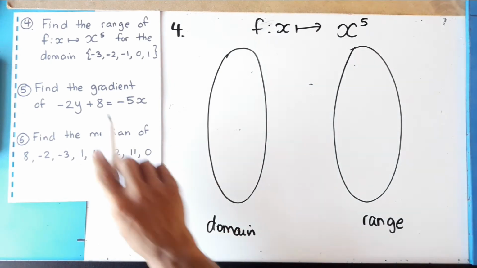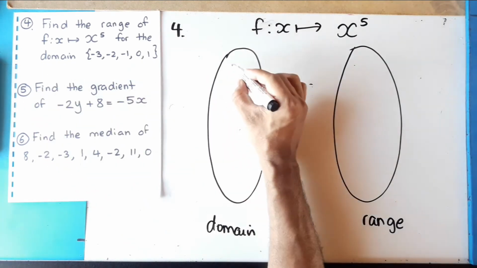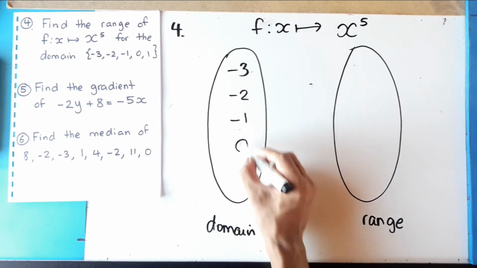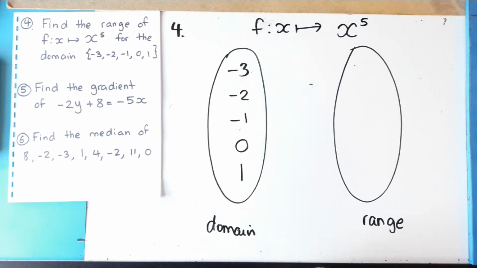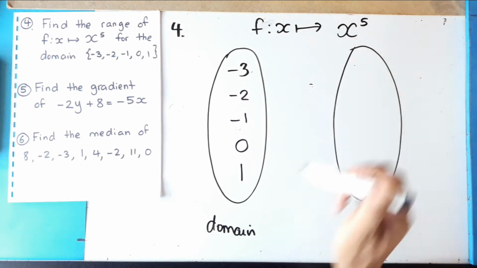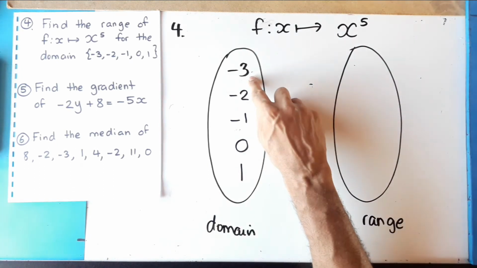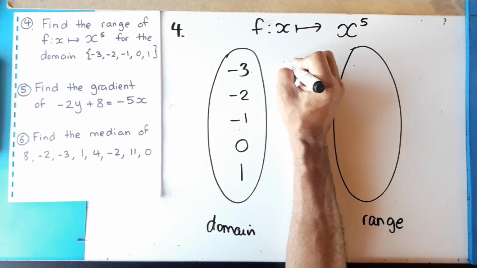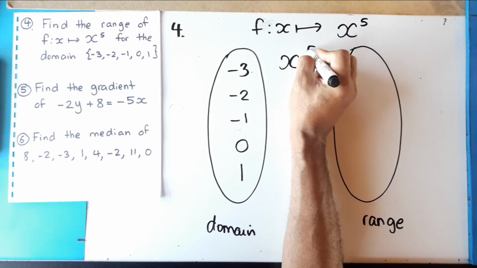So what are the numbers that we are putting in? That's the domain: -3, -2, -1, 0, and 1. So all we are really doing is putting each number inside here one by one. So I'm going to put -3 into this. The function they gave us is x to the power 5.